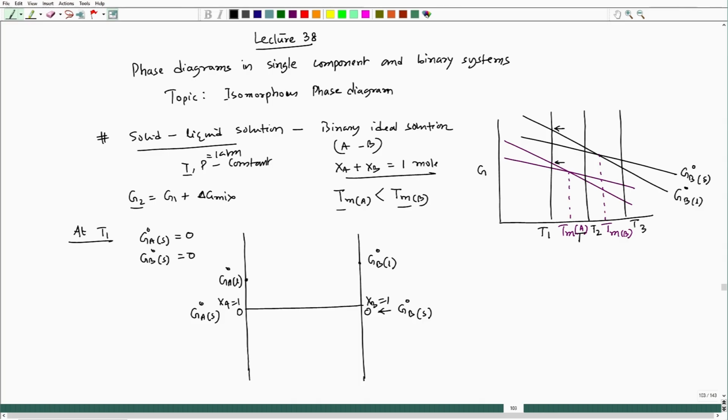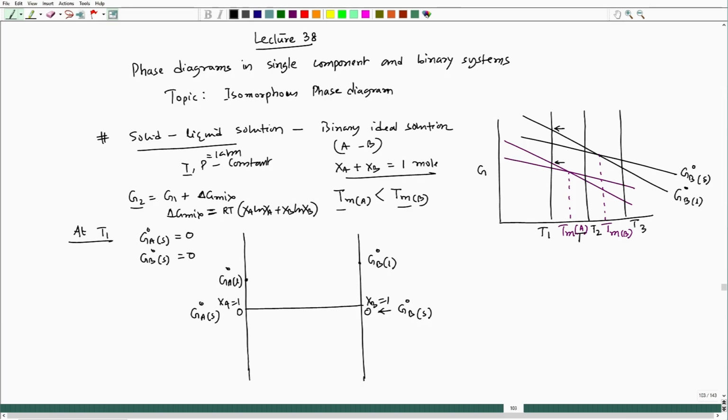Now, this delta G mix will not change whether we are considering solid solution or liquid solution over the entire composition range, because this delta G mix at a particular temperature can be written as RT Xa ln Xa plus Xb ln Xb.